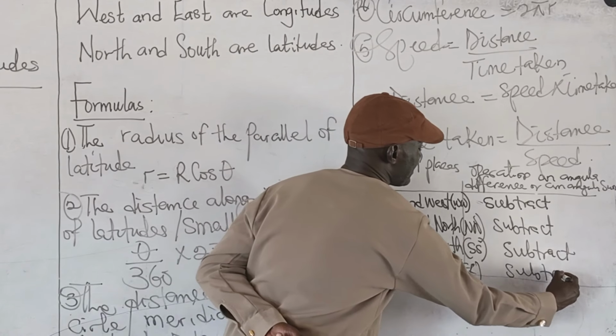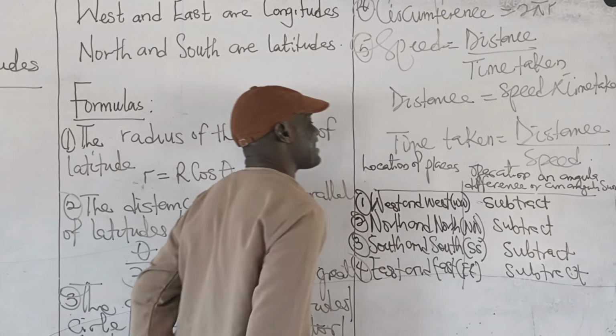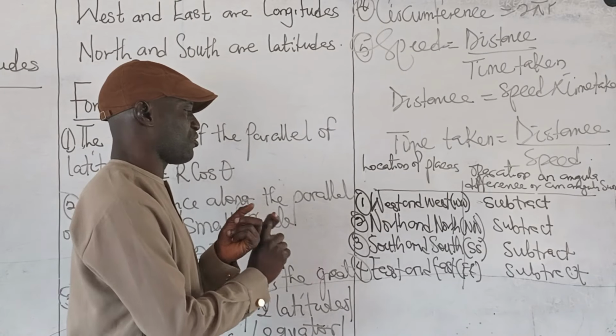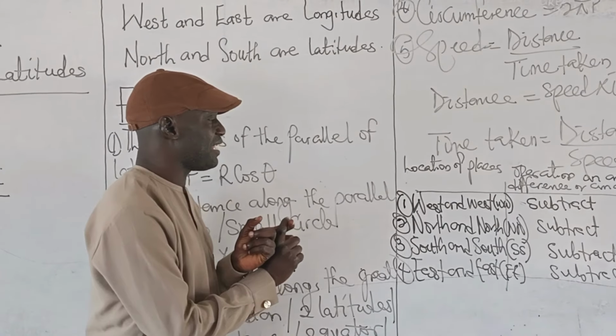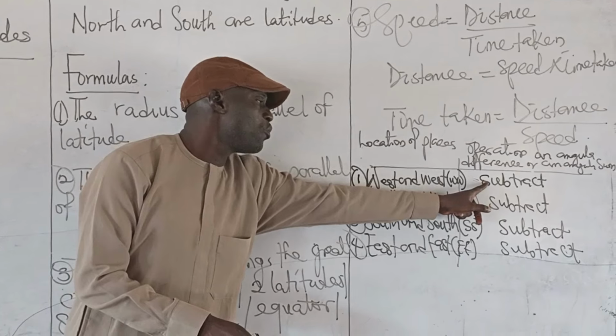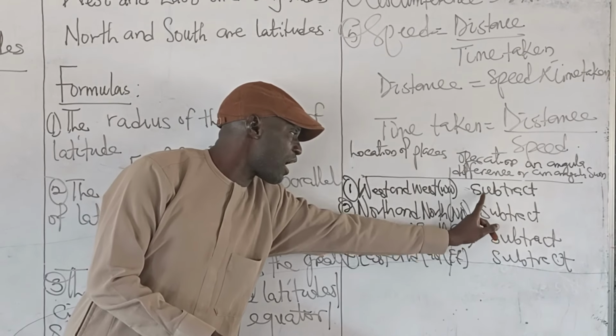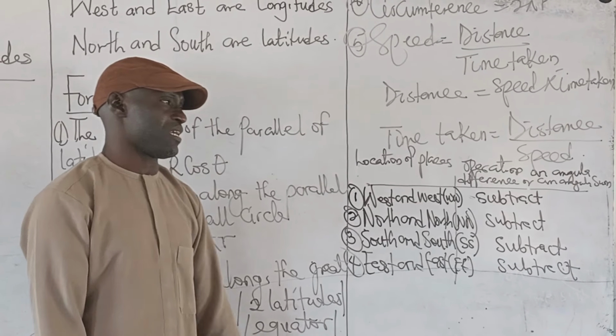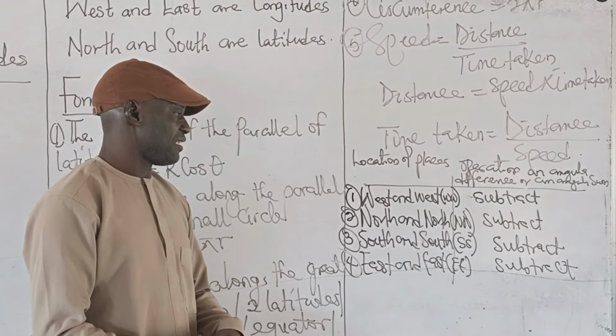The summary of this is that anytime we have the same locations in longitude and latitude, the operation we have to apply is to subtract the two angles given to us.